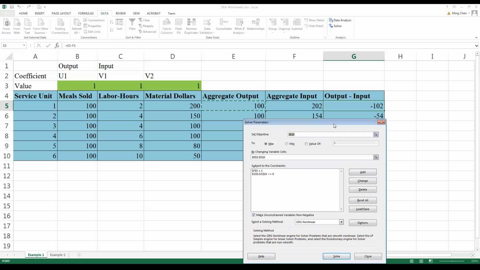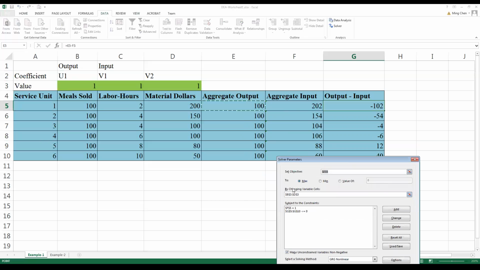So let me repeat. First of all, in terms of decision variables, it's always the coefficient values. Choose all the coefficient values as decision variables. In terms of constraint, I have one common constraint that says the difference between output and input for all the service units should always be less than or equal to 0.